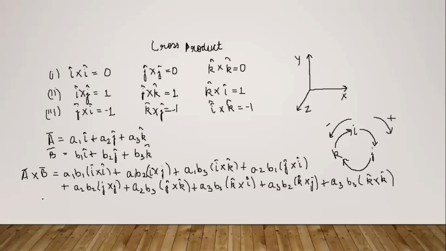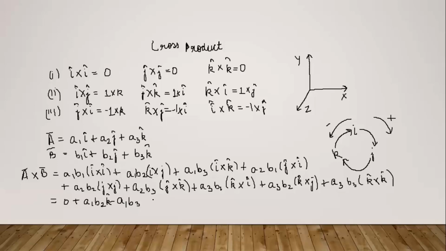And then we have to do nothing. We simply have to put the values from the given rules above. As i cross i is 0, it will be 0. i cross j is 1, it will be A1, B2. i cross k is minus 1, it will be minus A1, B3. Oh, sorry. We have to put the unit vector here also, because that's very important. So in the second term it is i cross j, so we will get k.